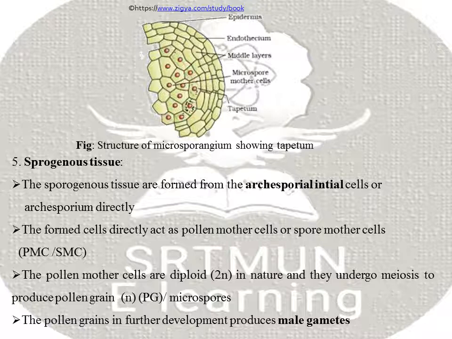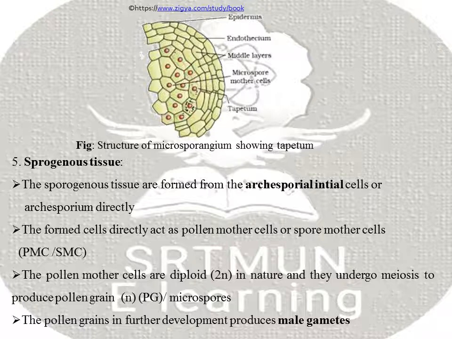Next point, sporogenous tissue. The sporogenous tissue is formed from the archesporial initial cells or archesporium directly. The cells formed directly act as pollen mother cells or spore mother cells, PMC, SMC.